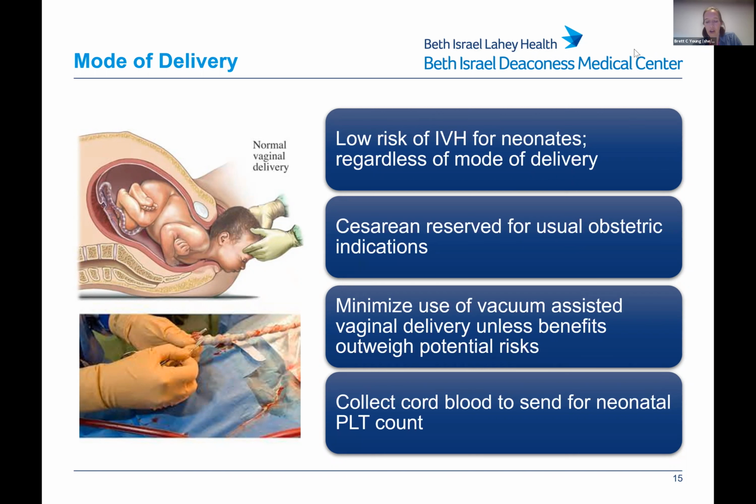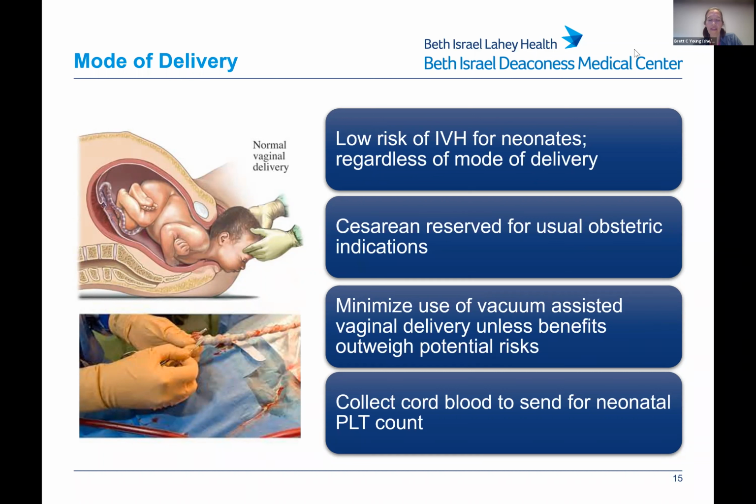When I'm doing my consults, I am very careful to use the phrase that we should minimize the use of vacuum-assisted vaginal delivery, but I think we all understand that there may be a scenario where a patient's been pushing, has a category 3 tracing, and you know that you can get the baby out very quickly with the vacuum at +4 station versus running the patient to do a stat C-section that might take longer than doing a vacuum there in the room.